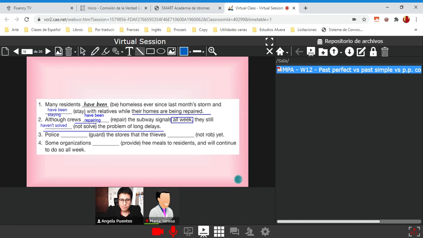Ok, number 4. Police have worked... the stores that the thieves haven't robbed. Very good. Yet.